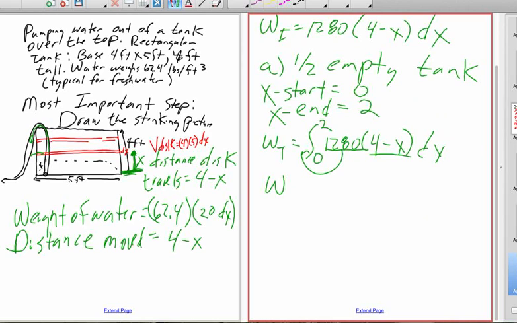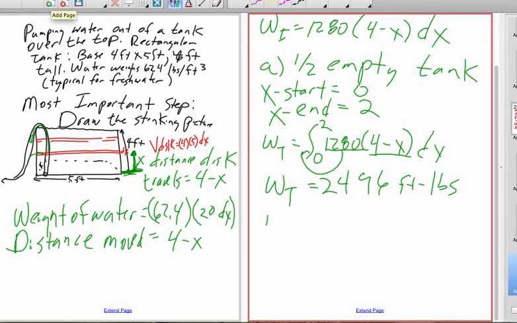It's just a simple little power rule. And it comes out to be, oh crud, hang on, 2,496 foot-pounds when you integrate this out. This is to half empty it.